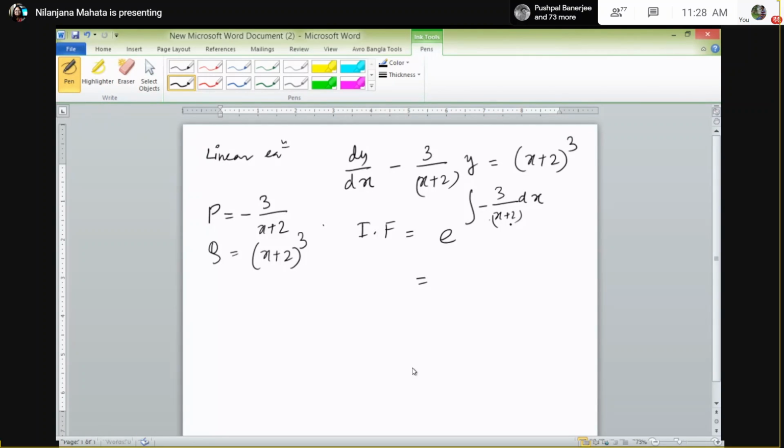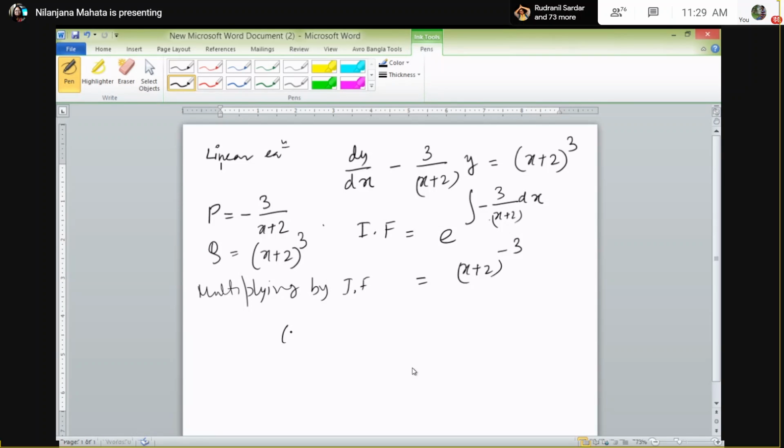Now it will be log of (x plus 2) to the power minus 3, so your integrating factor is this. So I will multiply this equation by this integrating factor.